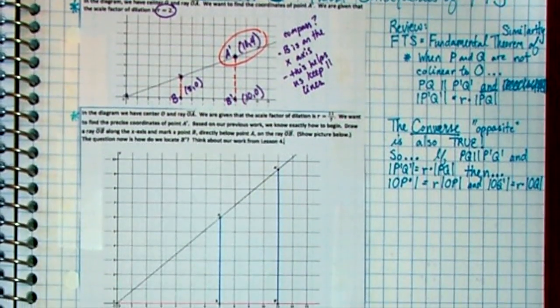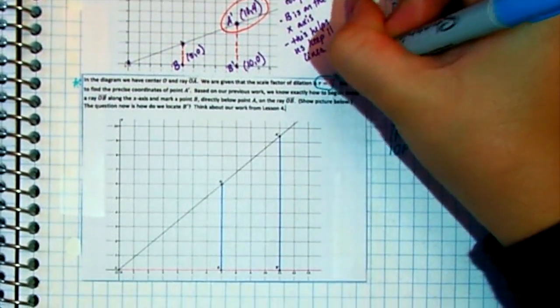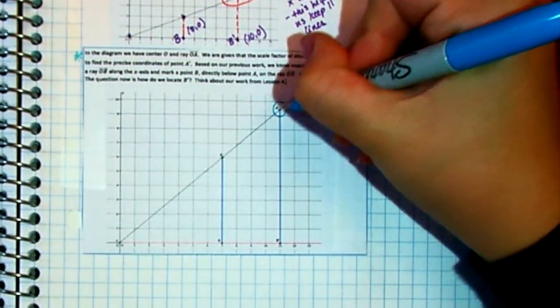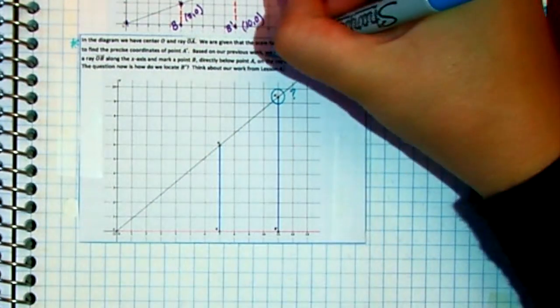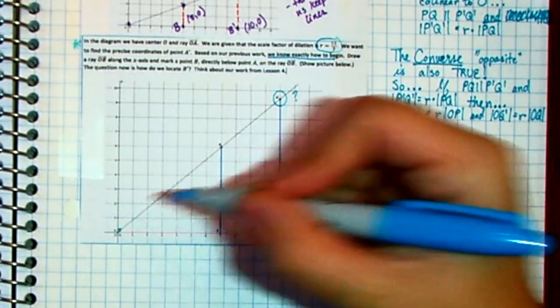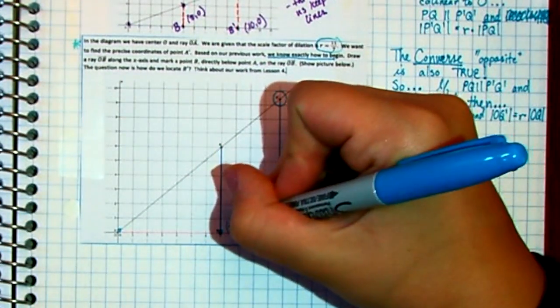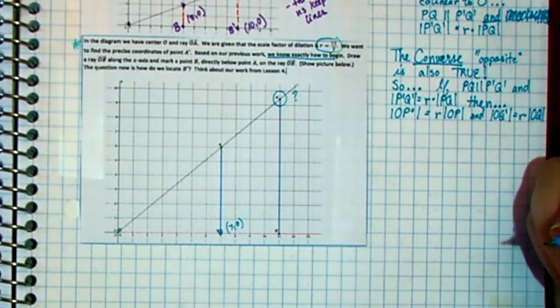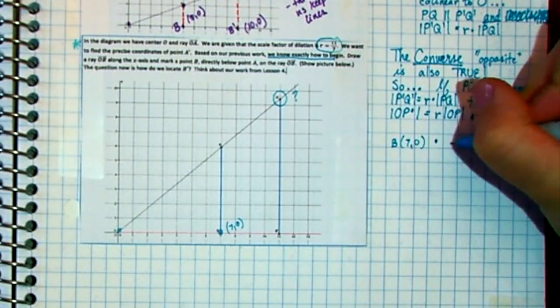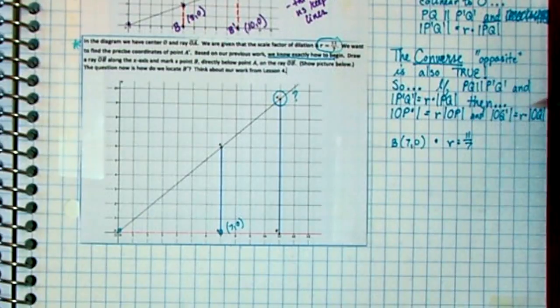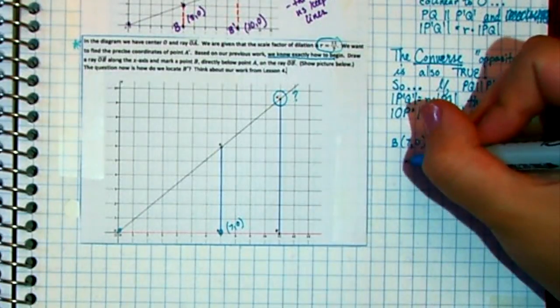Moving on to this next example that we pasted into our notebook, we can see that the scale factor is 11 over 7, which is a fraction. It's not very easy to use, but we know exactly how to begin based on that previous example. So we drop a point B and we label the coordinate 7, 0. Then we multiply that by the scale factor of 11 over 7.